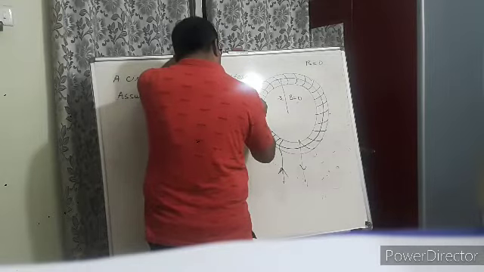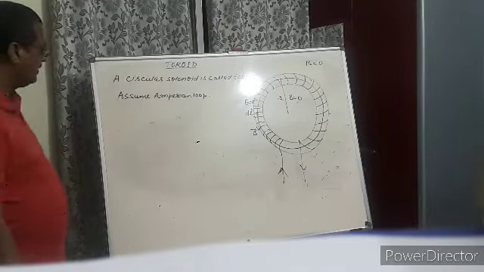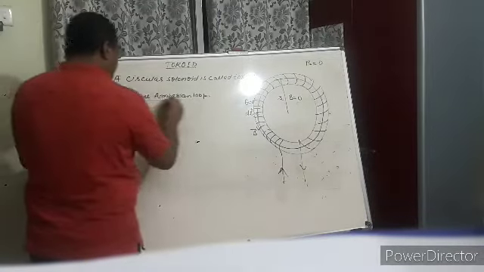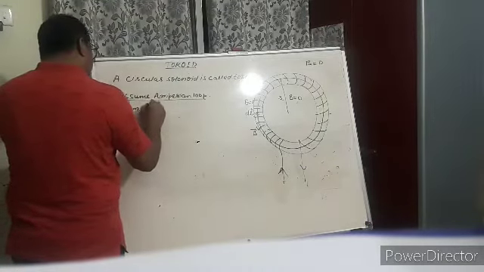So theta will be equal to 0 degrees because the magnetic field and dl are both parallel. Now apply Ampere's law.